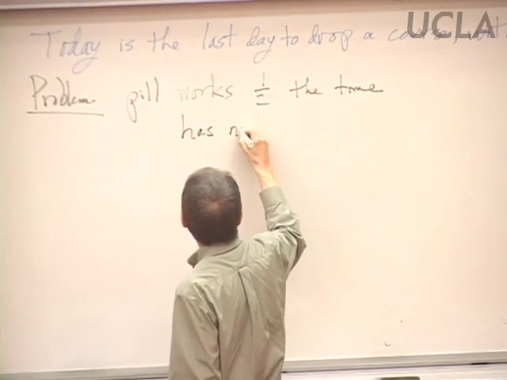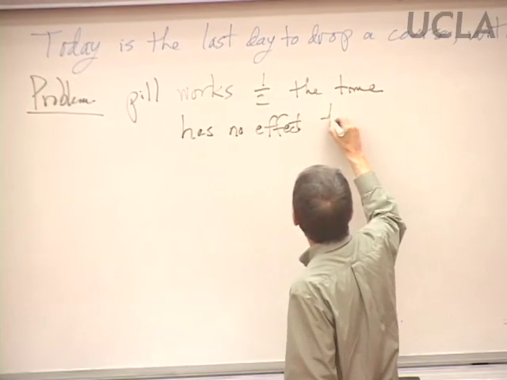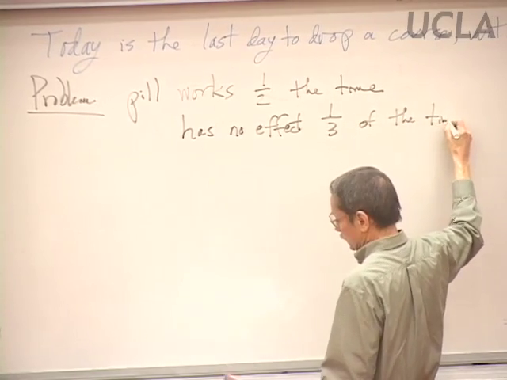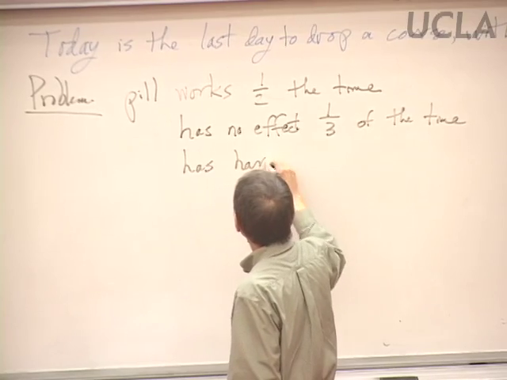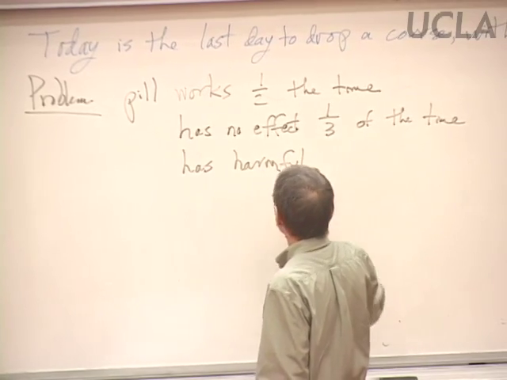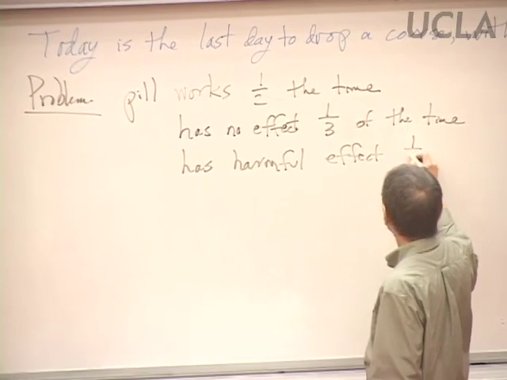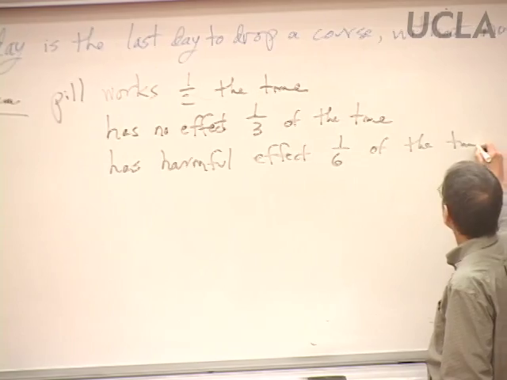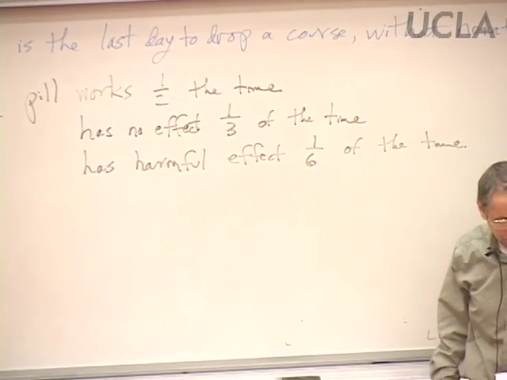It has no effect at all a third of the time. And unfortunately, it has a harmful effect the rest of the time. Well, so that has to be 1/6. Adds up to 1.